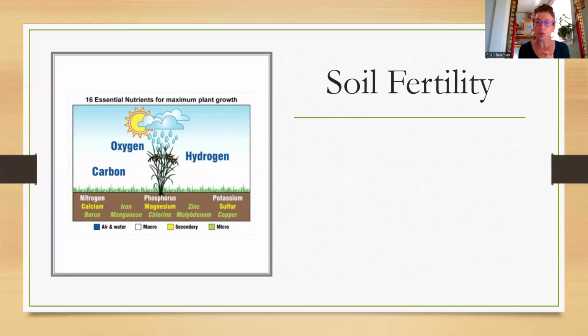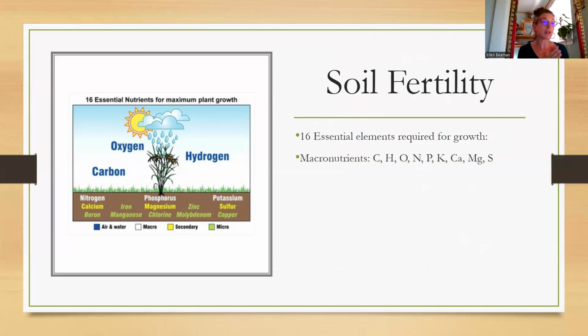Plants and soil organisms, as I mentioned before, require nutrients and fuel to complete tasks and activities and growth and maturity. And so there are 16 essential nutrients required for plant growth.